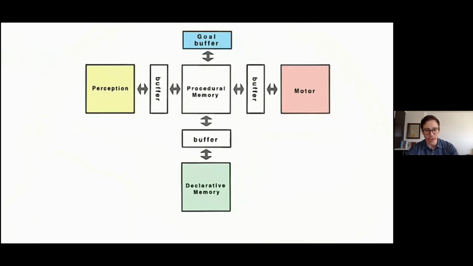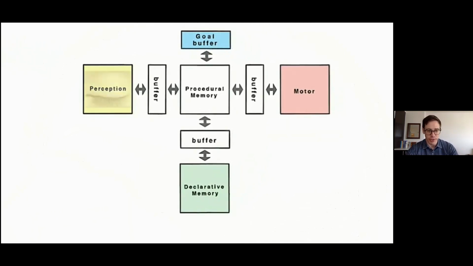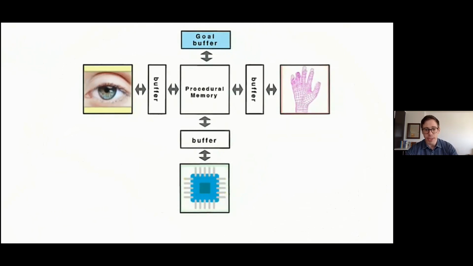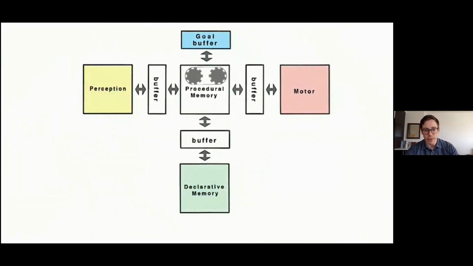You have visual input, motor output, input and output, very computational. You have declarative memory in the bottom there. And then in the center you have procedural memory, which holds those procedural rules I was telling you about, little conveyor belts that send out instructions. They move information throughout the system through the buffers. The buffers are little containers that hold and move information.